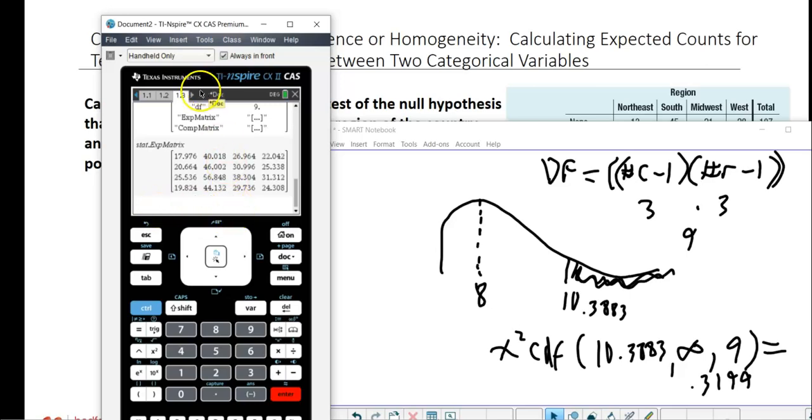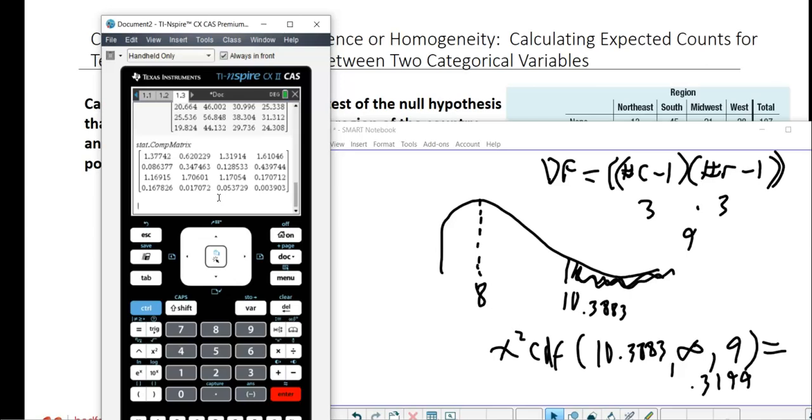Also, the other thing that's on there is, see where it says comp matrix? A very common follow-up question might be, which region or whatever was the biggest contributor? So you look for the biggest number here, because all these numbers add up to make the chi-squared value of 10.3883.